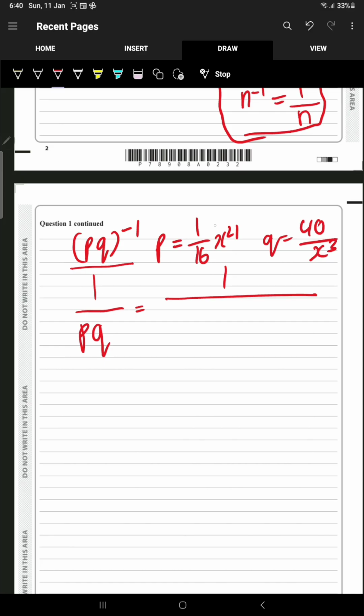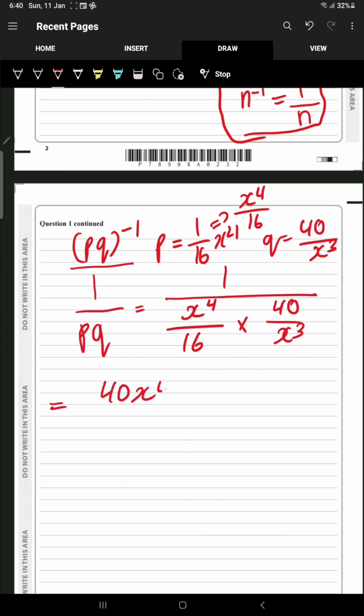Now I will write p as x to the power of 4 over 16. There are different ways of writing it, so I'm going to write it this way for my convenience and easiness, times 40 over x to the power of 3. This is going to give us 40 x to the power of 4 over 16 x to the power of 3.